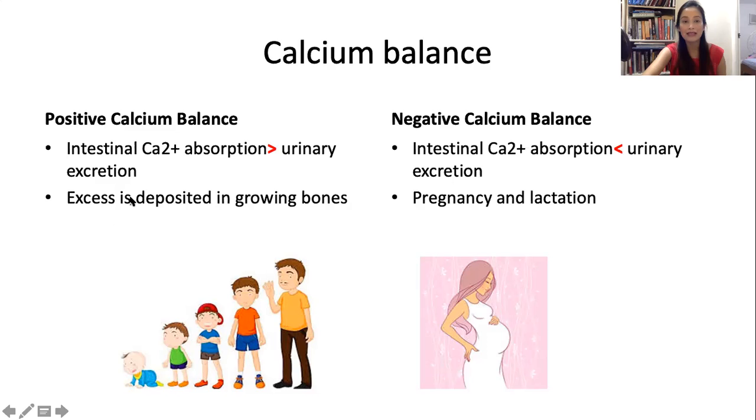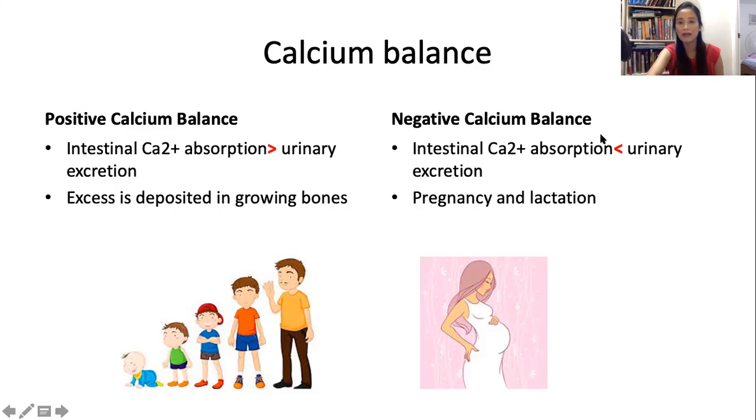The excess calcium is deposited in growing bone, so usually this happens from infancy to puberty, where you're still growing bone. You need the excess calcium from your intestinal absorption in order to support bone formation.